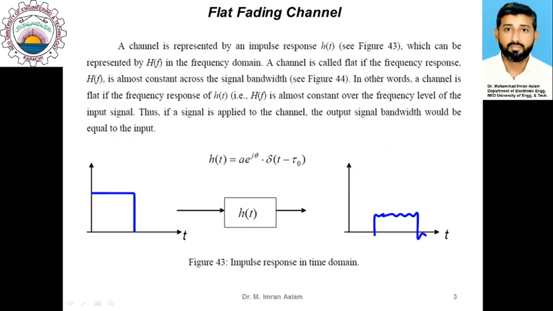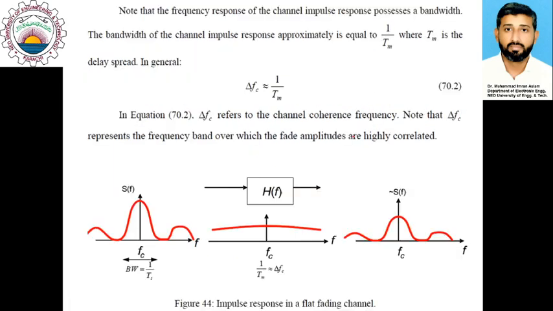In the frequency domain, we represent this in terms of a bandwidth. We say that a channel has a flat frequency response if its frequency response is almost constant in the signal bandwidth. Let me show you the next slide here.